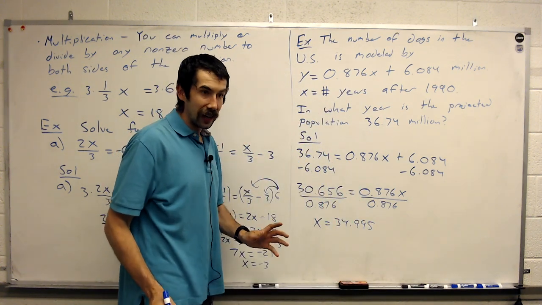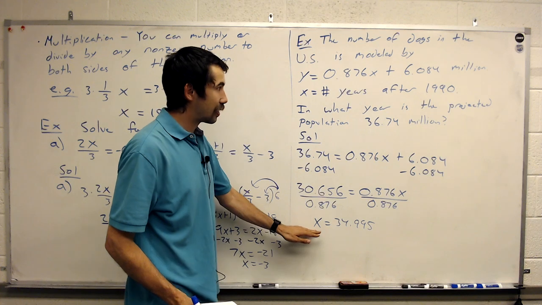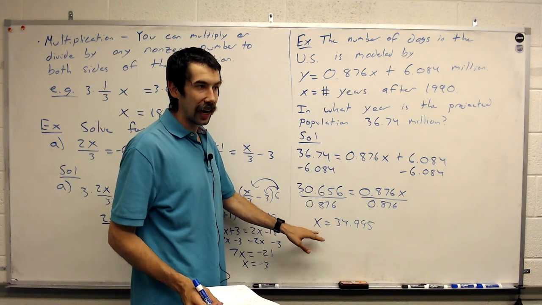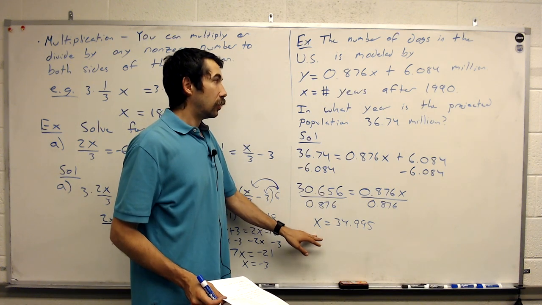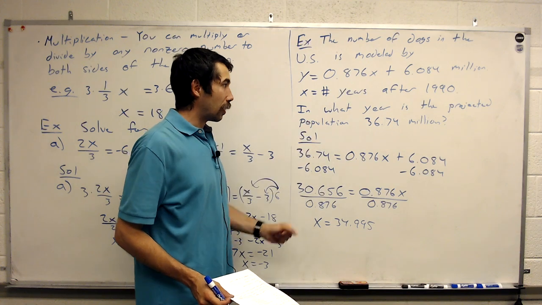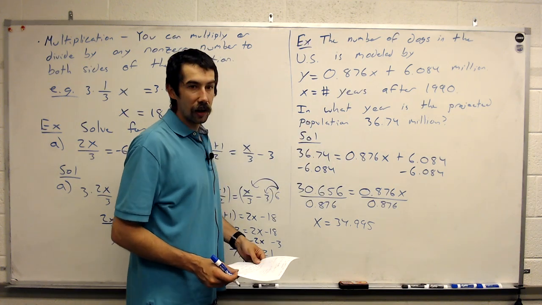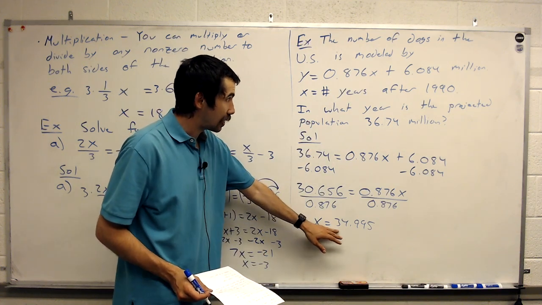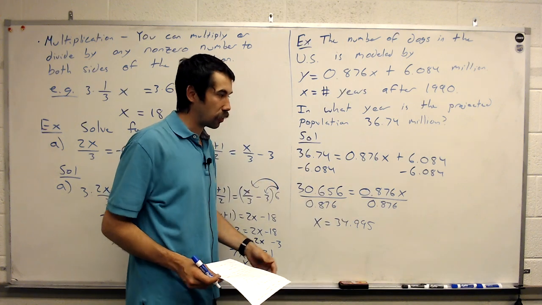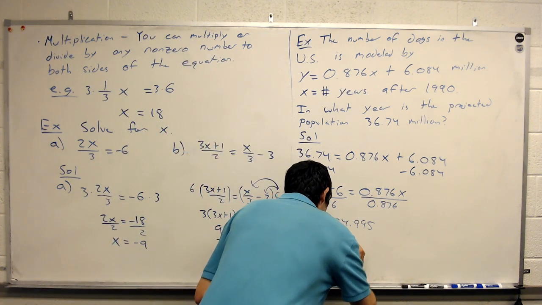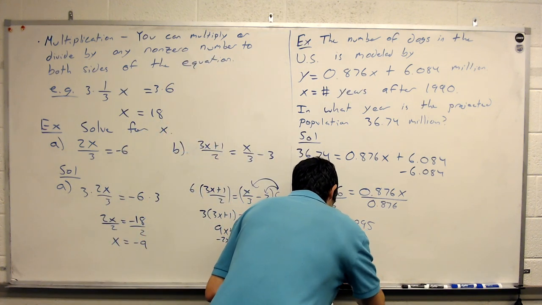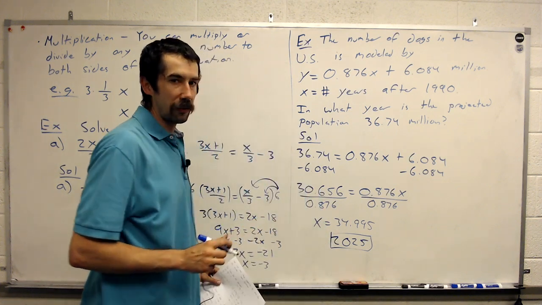All right, but keep in mind, this is the number of years after 1990. So what year will there be about 36.74 million dogs in the United States? Well, 1990 plus 35. So the year would be 2025.